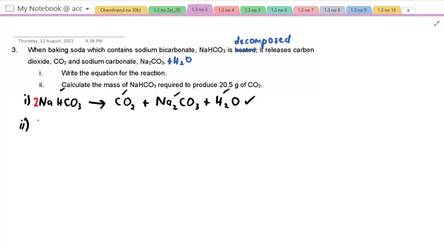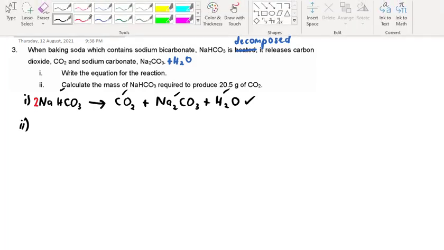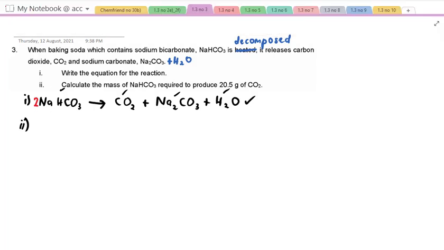Then next, you have to calculate the mass of sodium bicarbonate required. So what is the mass of sodium bicarbonate required to produce 20.5 gram of CO2? So they have given you the mass of CO2.